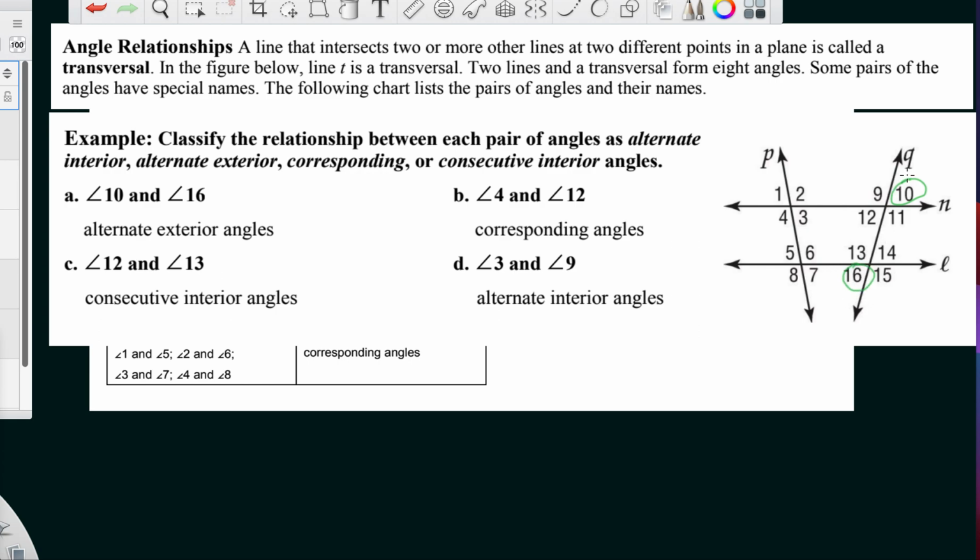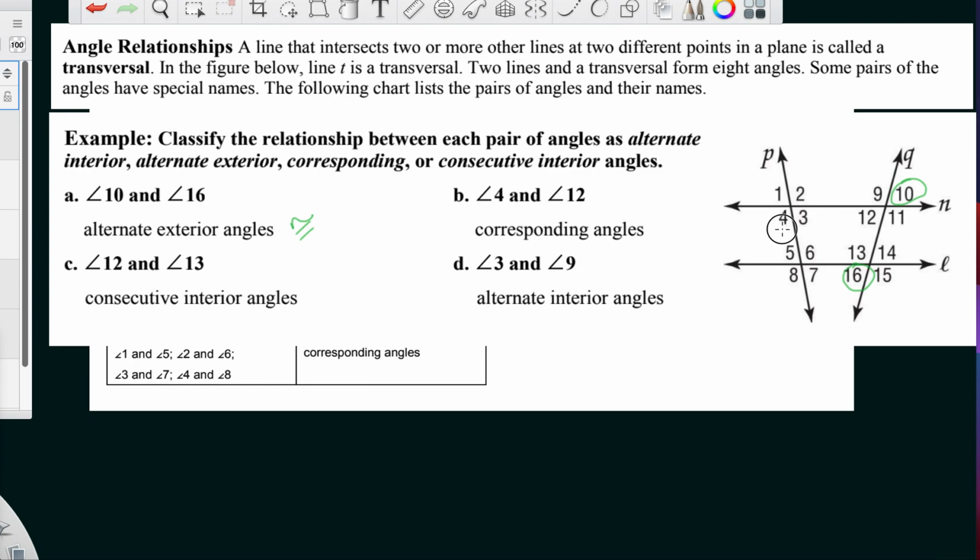Well, they're both exterior and they're across the transversal from each other, so they're alternate exterior angles. And what you're going to learn is that alternate exterior angles are congruent.